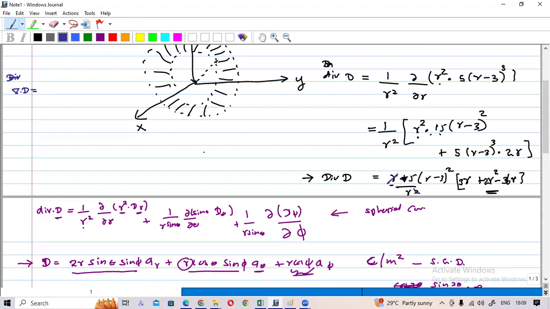This one cancels out, so we will have 5r minus 3 square divided by r. And here we have 3r, 2r square minus 3r.